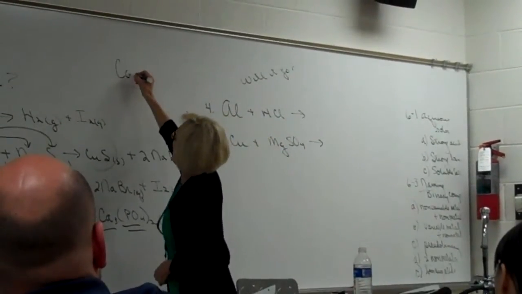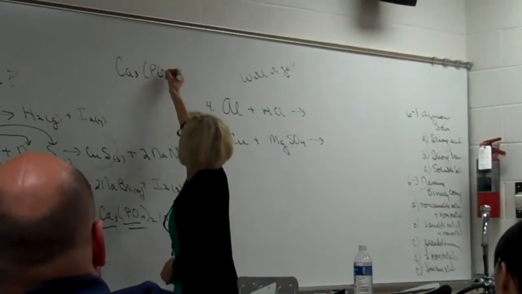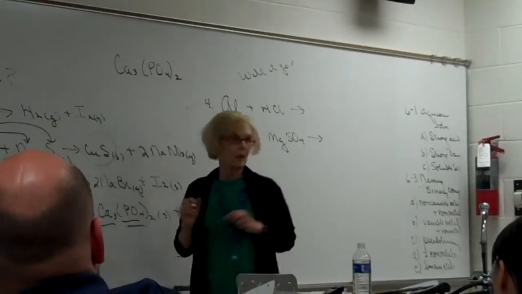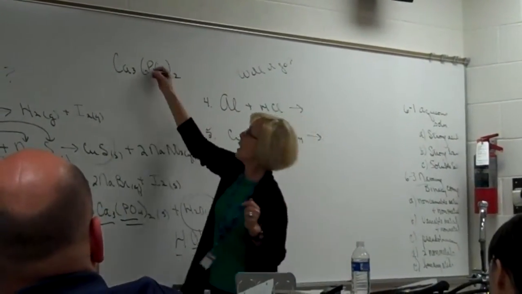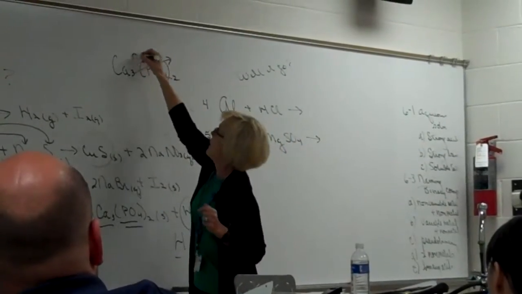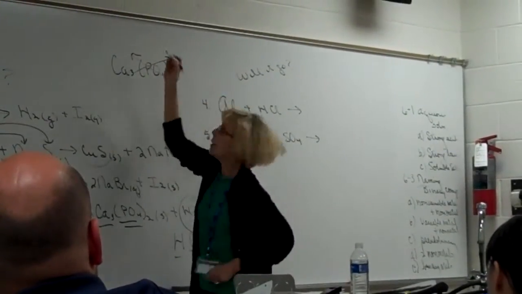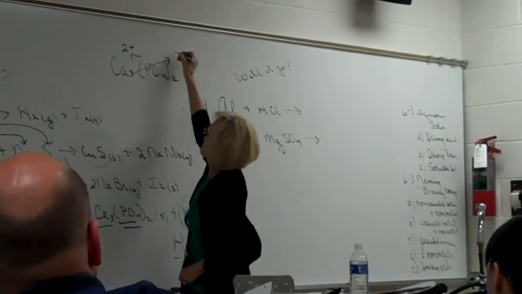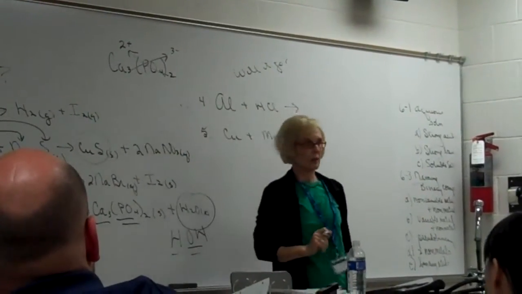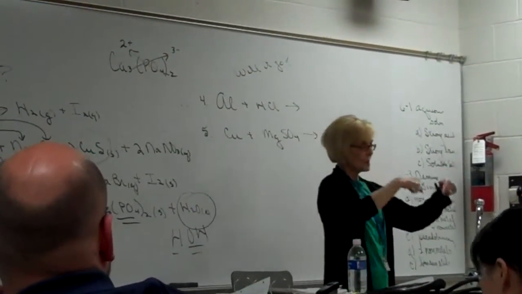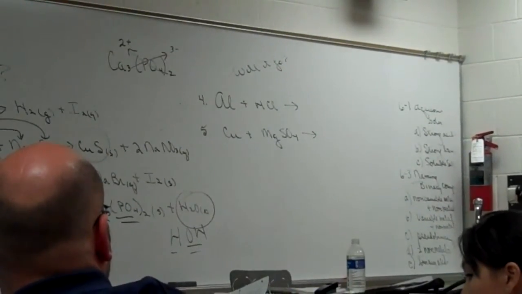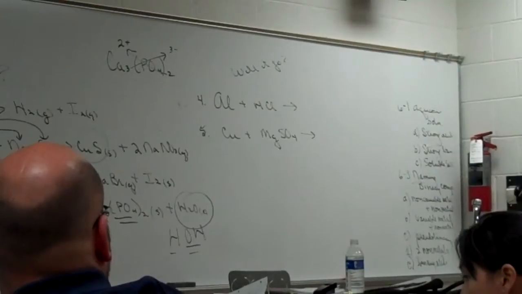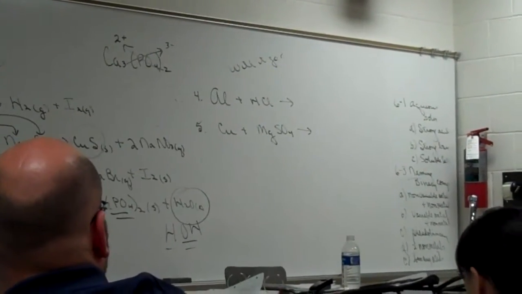What if you already know this formula? But you'd like to know the charge on that phosphate unit. Double cross up, add the signs. And so you can use the double cross down when you're trying to write the formulas, but if you've got the formula already and you want to know charges, double cross up.